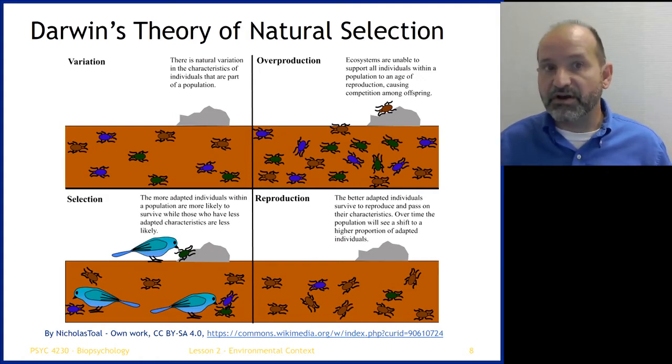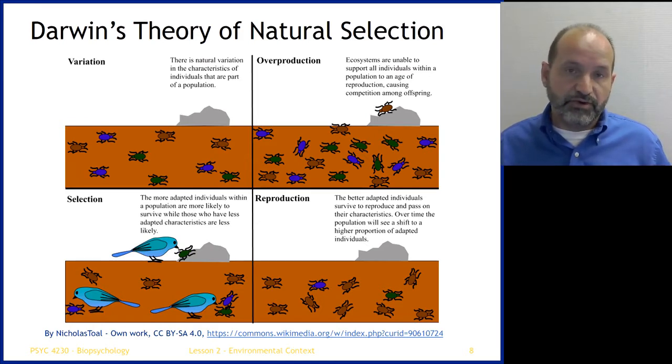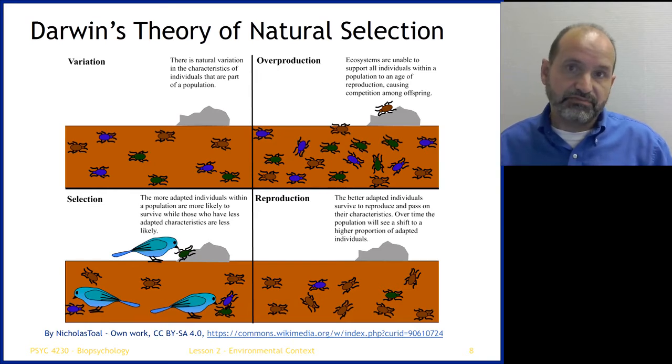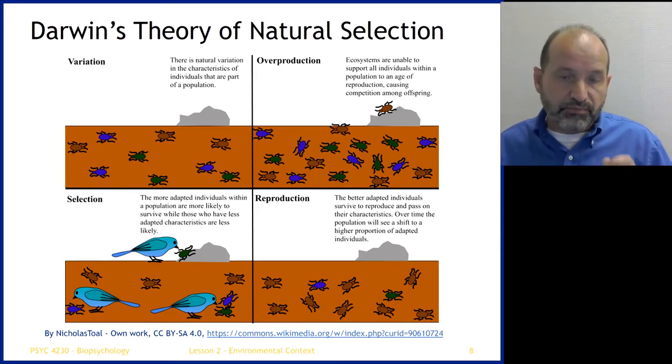So let's talk about Darwin's theory of natural selection, the beginning of our modern idea of what evolutionary forces look like. In this theory, there are 4 key concepts. The first foundational concept is variation.